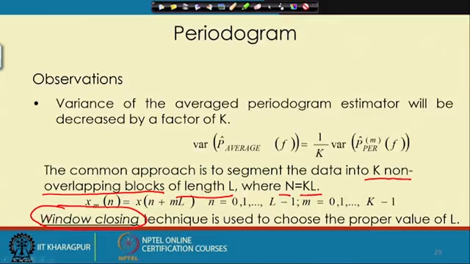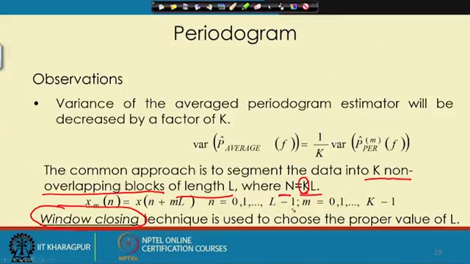For that we need to go back to understand the effect of the choice of k and n. We have seen that if we increase the value of k, for a fixed n, L will decrease. That means the length of each individual data sequence will decrease. What will be the effect of it?